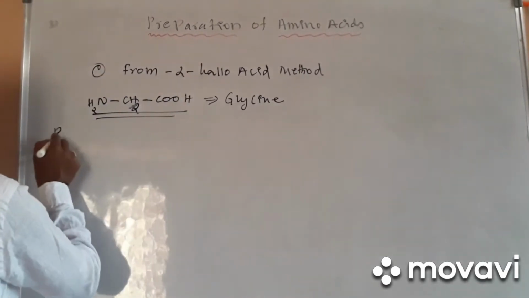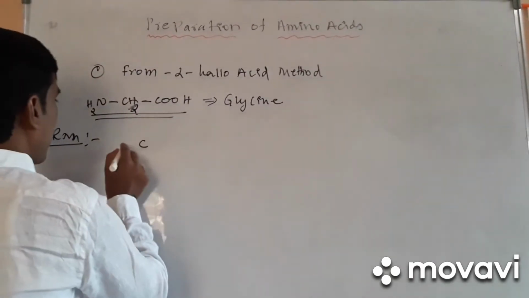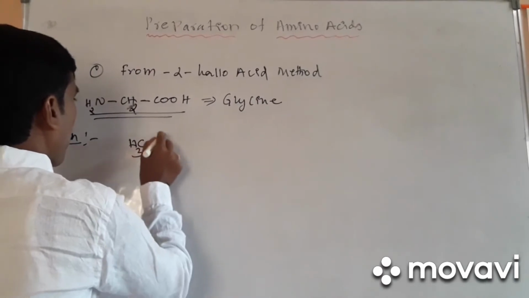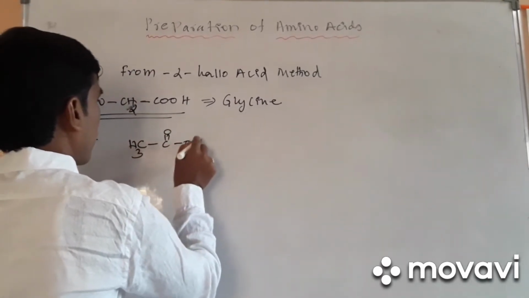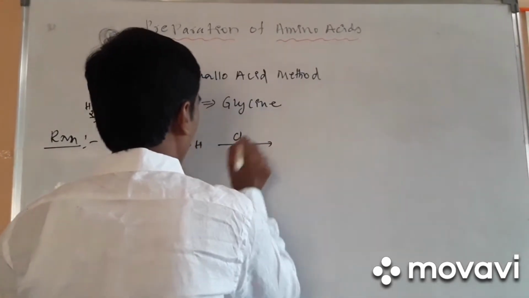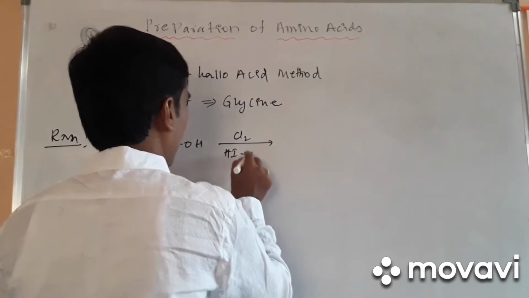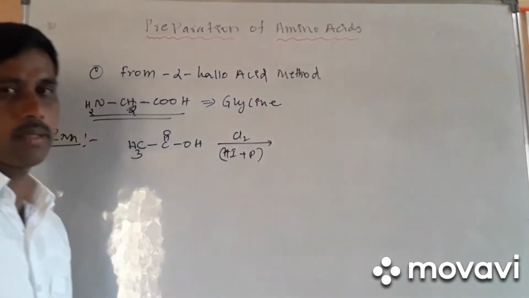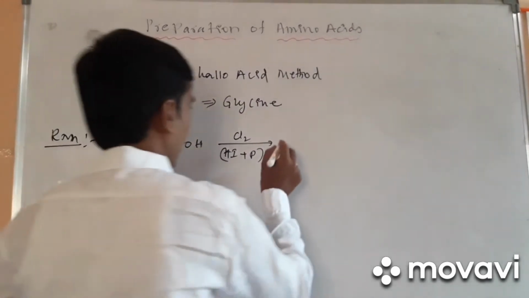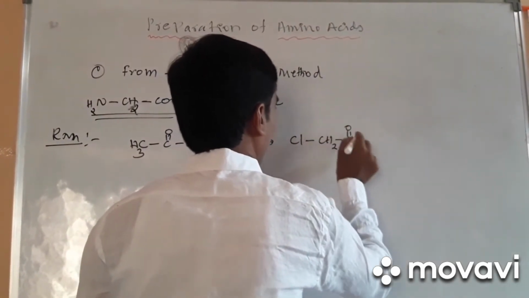See the reaction. First we have taken acetic acid. That acetic acid reacts with chlorine molecule in the presence of hydrogen iodide and phosphorus mixture to produce chloroacetic acid.